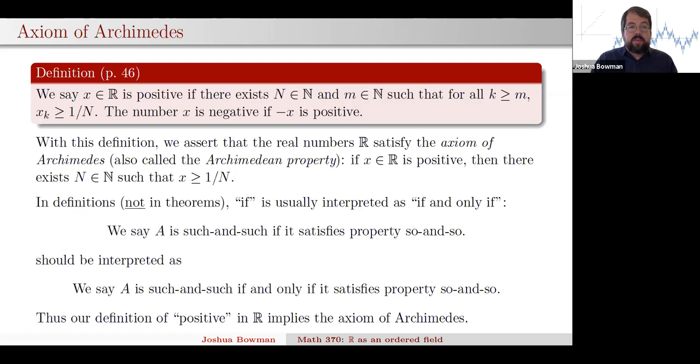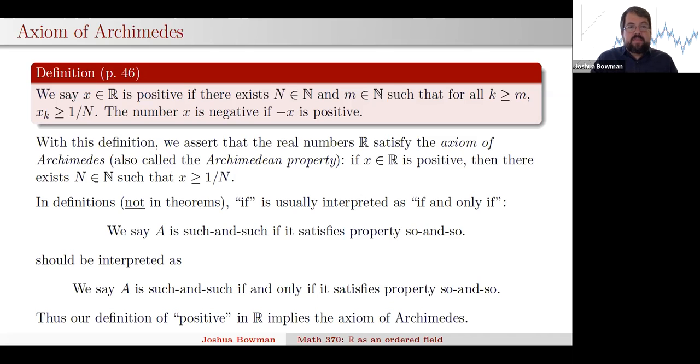So the definition of a positive number is that there exists some capital N, a natural number, and some... I haven't quite stated this definition correctly. I may have to change this.